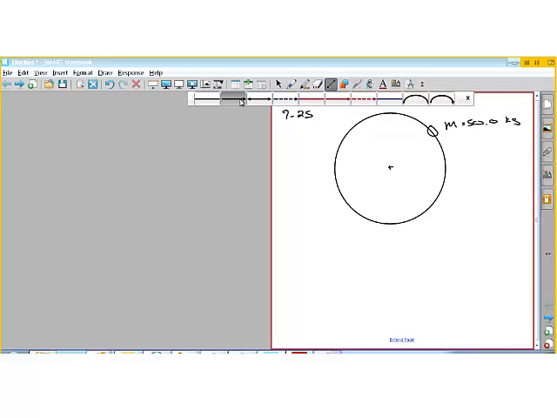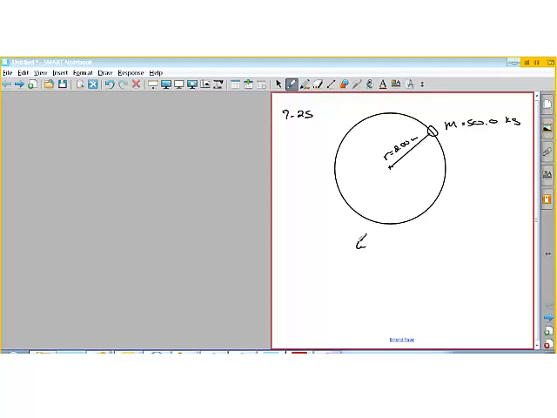The radius is 2.00 meters, that's R, rotating with an angular speed of 3 radians per second. So omega is 3.00 radians per second.